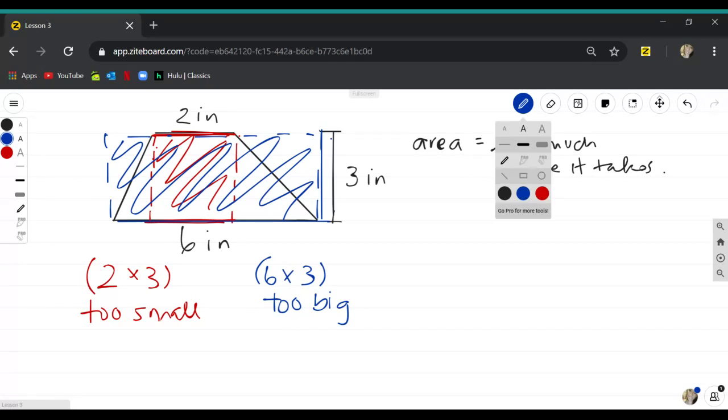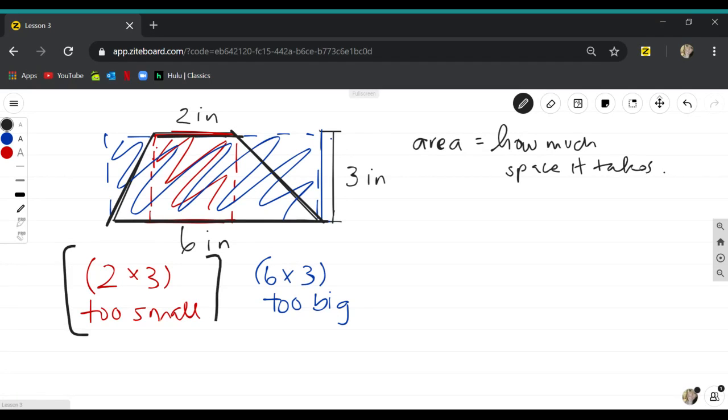Our trapezoid is right here. Our trapezoid is somewhere in between these two, somewhere in the middle of these two.